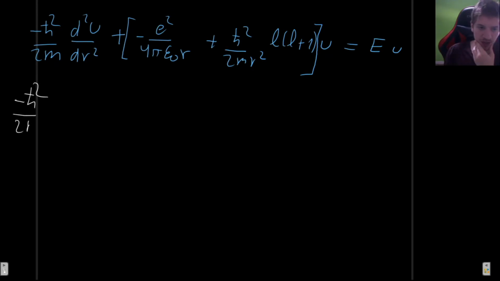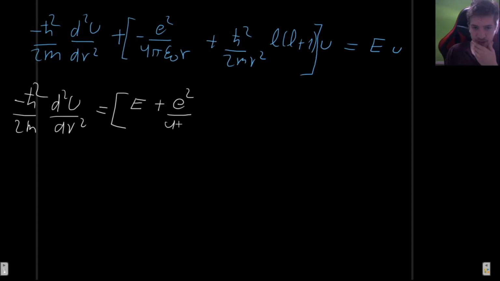So minus h bar squared over 2m d squared u dr squared. Well, and all of this is going away. So now let's just say equal to, well, here we have the energy, so E. Then we have plus this term, plus e squared over 4 pi epsilon 0 r. And then we have minus h bar squared divided by 2m r squared, l times l plus 1, and all of this multiplied by u.